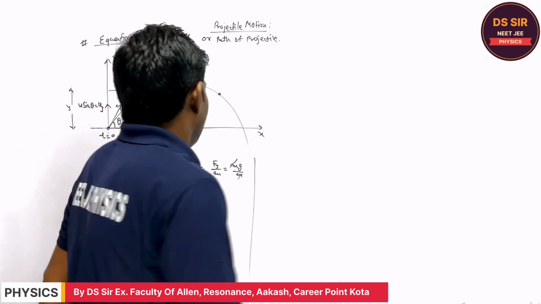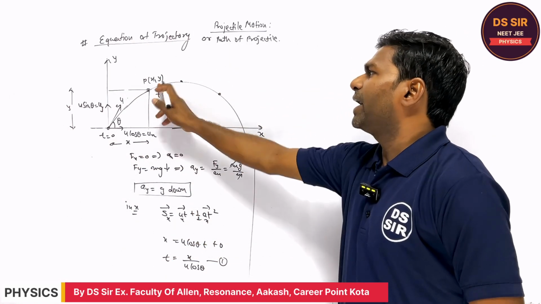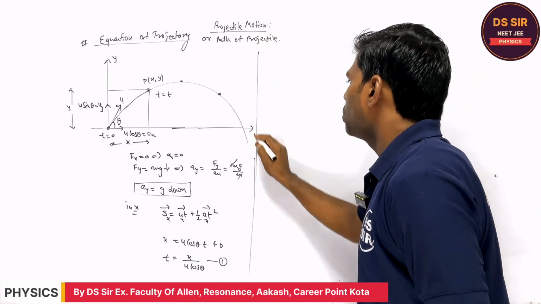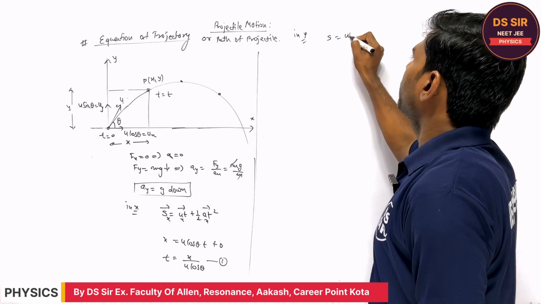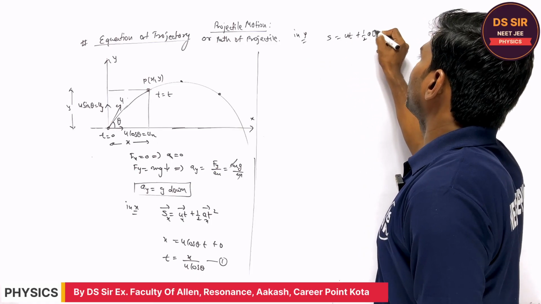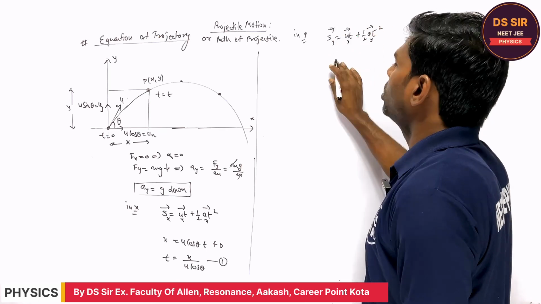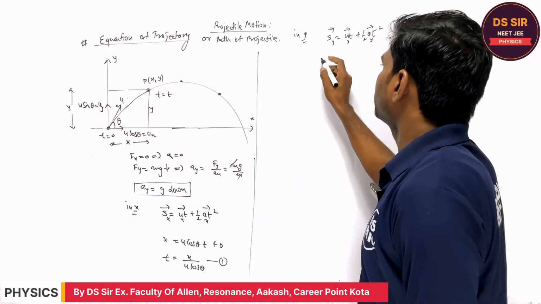Okay. Now the time t is the variable and the x, y coordinates, right, are also variable. So in the y direction you can apply s equals ut plus half at square in the y direction. Is it clear or not? So what is the displacement in the y direction? Say y.